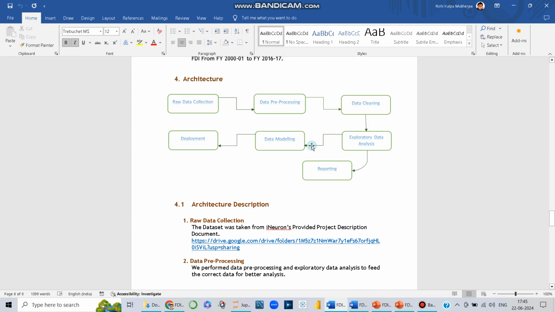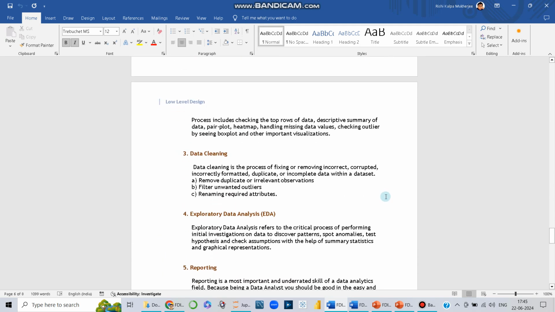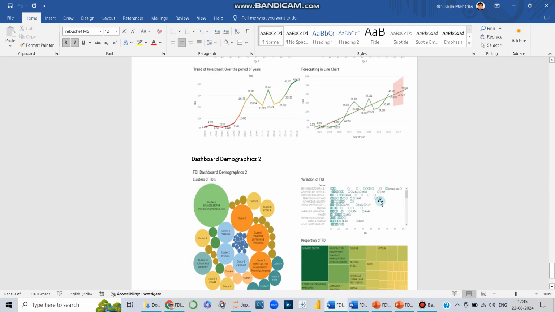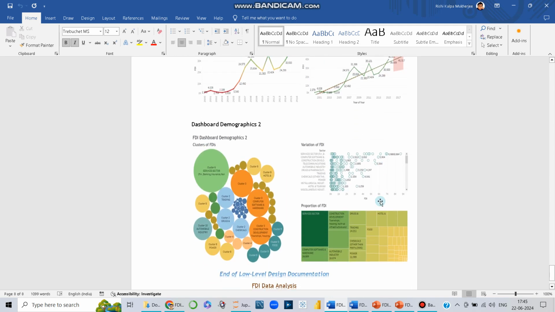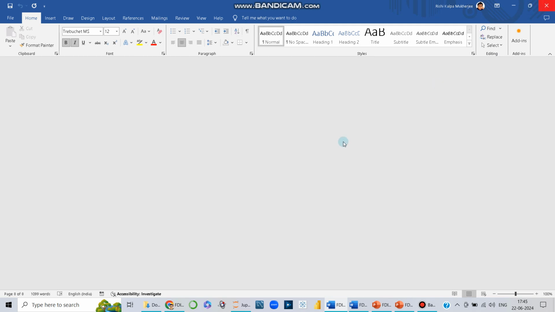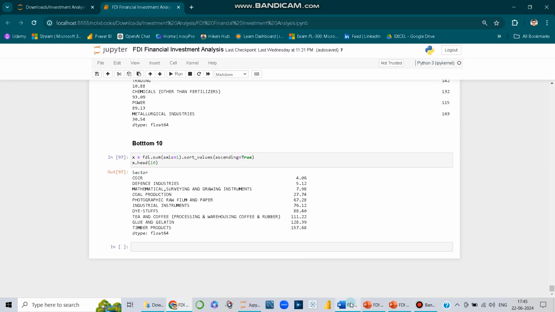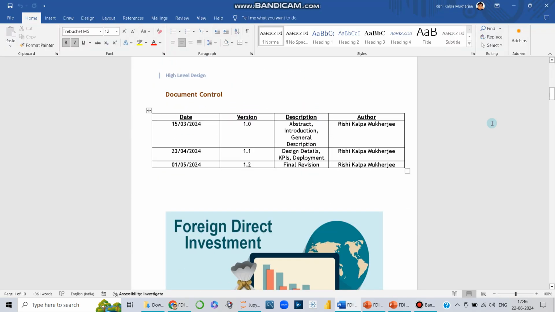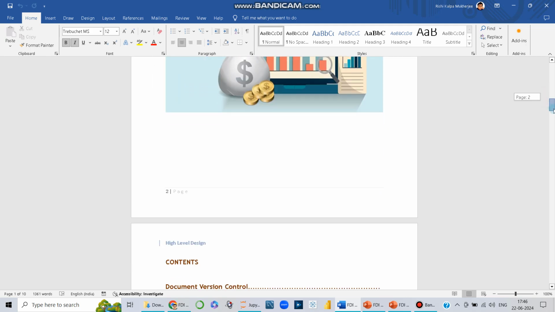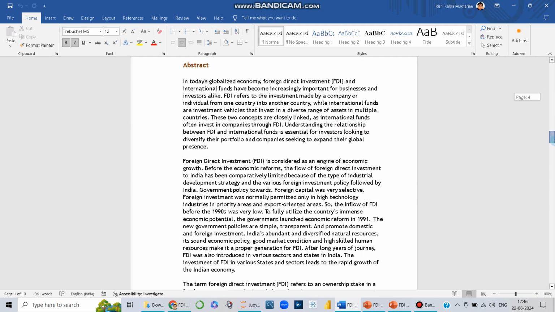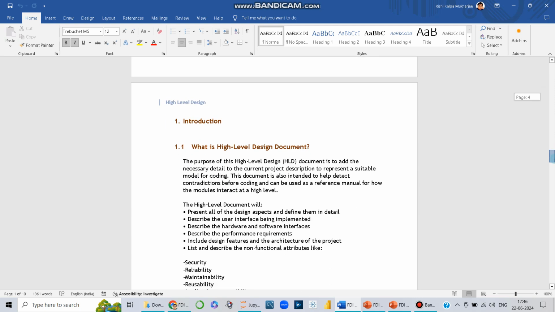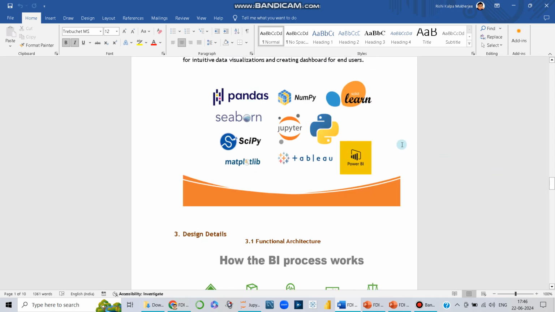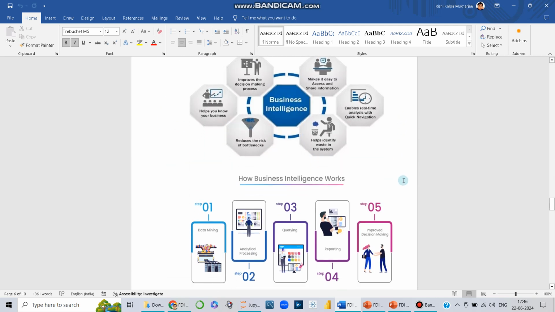This is the architecture that has been created, how we got the dashboards and demographics provided by iNeuron. And this is the high-level design. All these tools have been used. This shows how the business works.